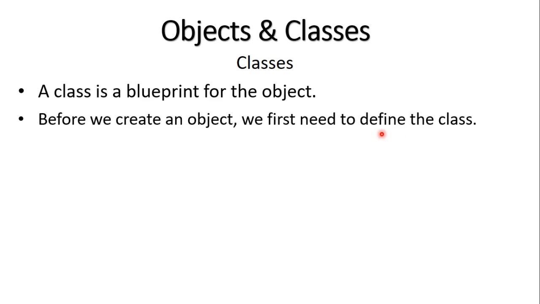Okay, that there is class 8, room 8, where if you have registered for class 8, then you will be going to room number 8 or class 8, right? So first we need to define the class, then only we can create, or then only we can set the objects.